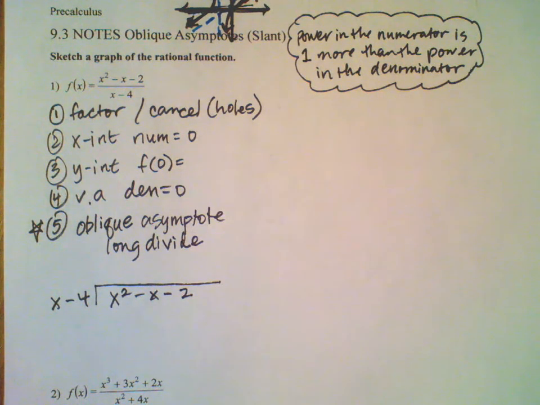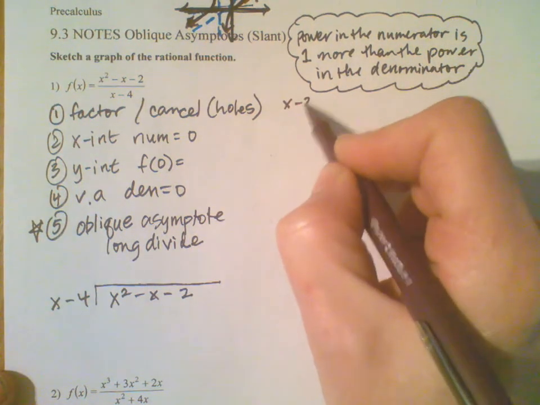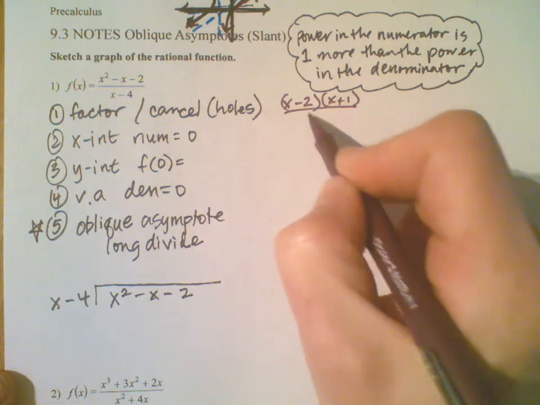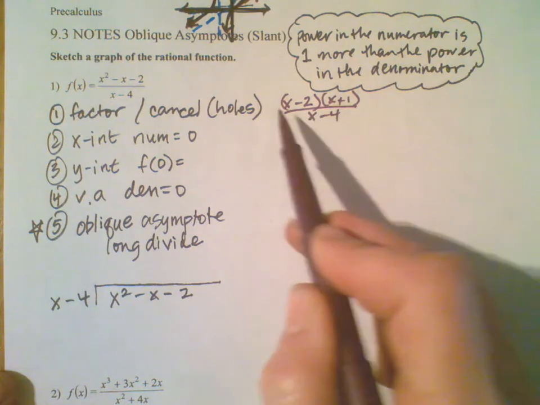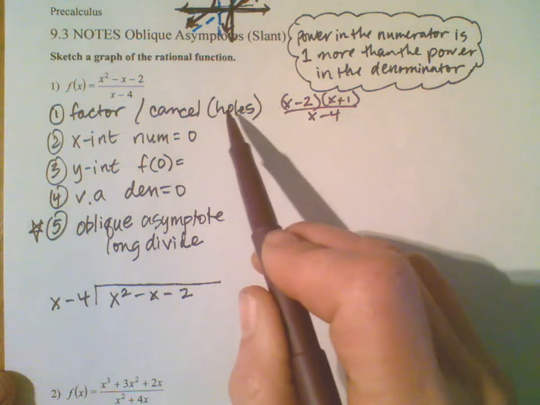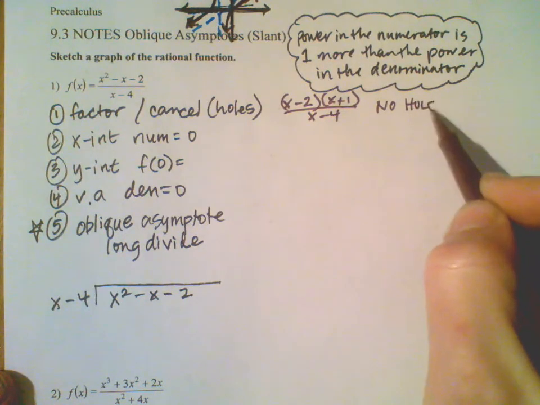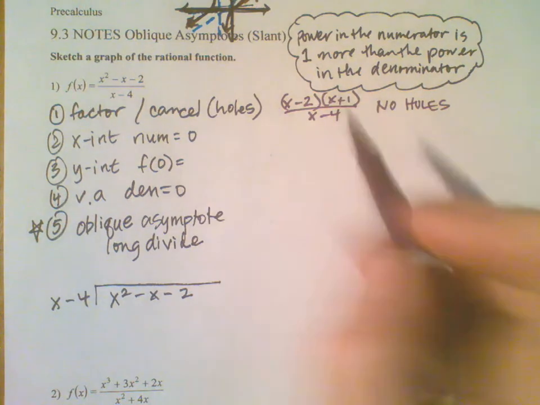Okay, so again, let's go through. I'm going to start by factoring, so I end up with (x minus 2)(x plus 1) over (x minus 4). I can't cancel anything out, so I don't have any holes in this function. Then I'll move on to setting the numerator equal to 0.